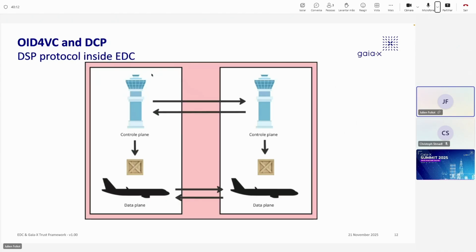The two white squares on the left and on the right are two connectors, and they have their own control plane that communicates, exchanges credentials, and so on, checking policies. When everything is okay, they can send their data through the data plane and exchange it. So this is basically an illustration of the DSP protocol inside EDC components.